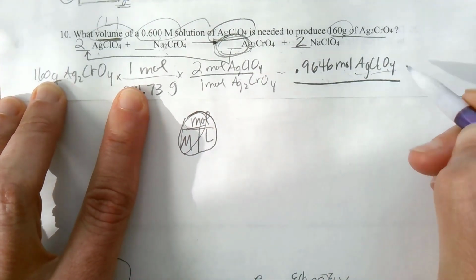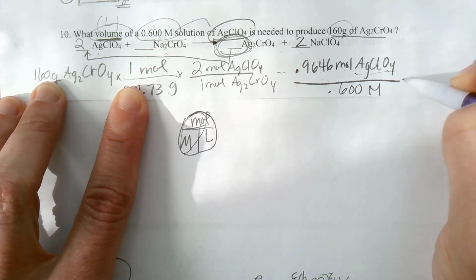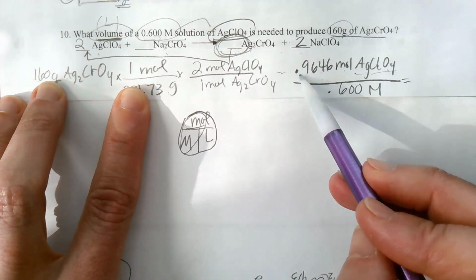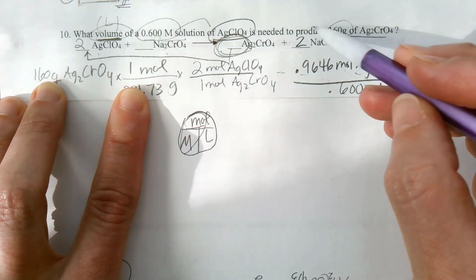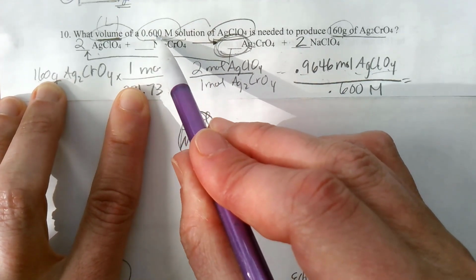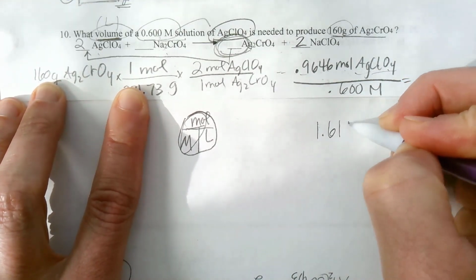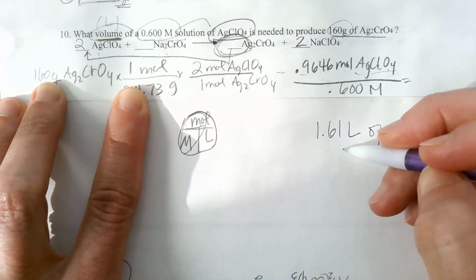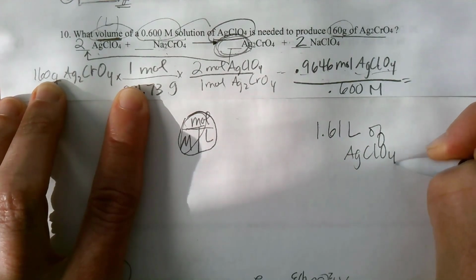There's our moles. Let's divide it by the molarity, 0.600 capital M. So 0.6946 divided by 0.6. And we want to end with 3 significant figures. 1.61 liters of AgClO4.